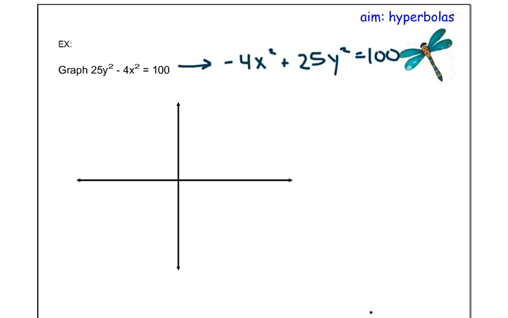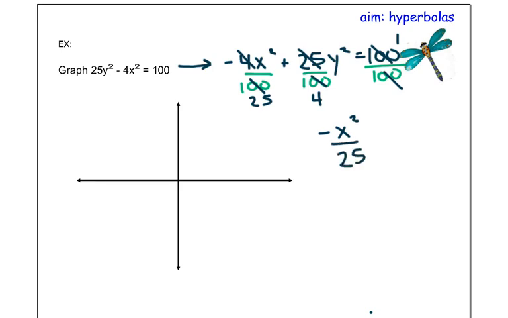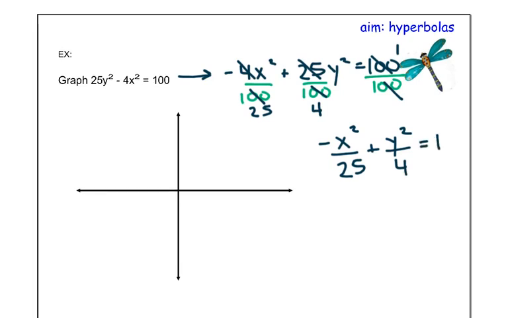So we want this to equal a 1, so we're going to divide every term by 100. Now we're going to reduce. So 4 goes into 100 25 times, 25 goes into 100 4 times, and 100 over 100 is 1. So our new equation looks like negative x squared over 25 plus y squared over 4 equals 1.